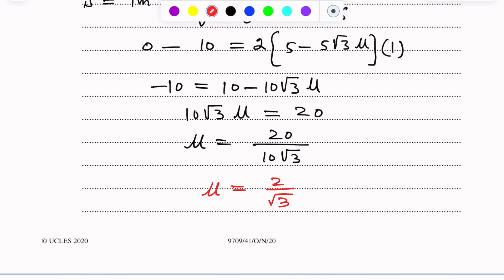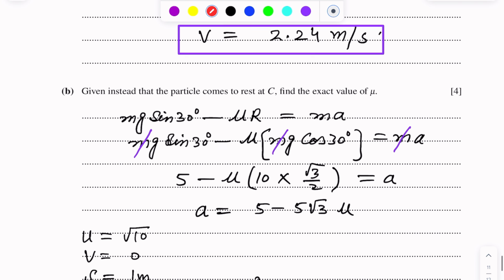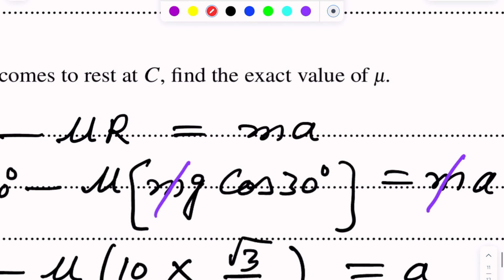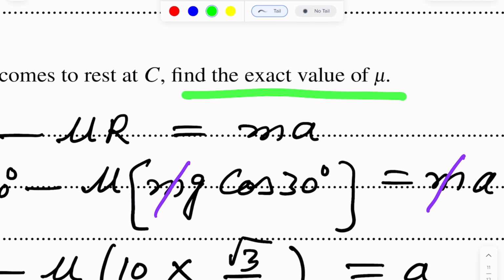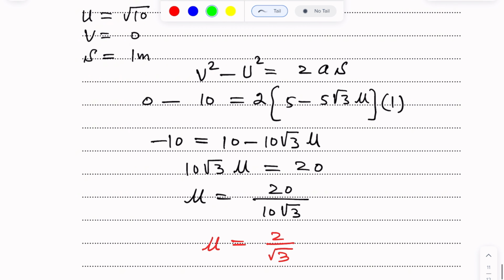This is the value of mu. For this part, we have found the exact value of mu, that is 2 over under root 3. This comes to an end.